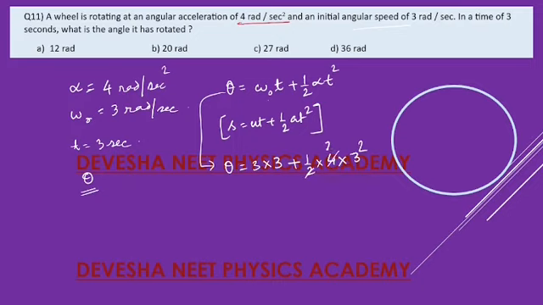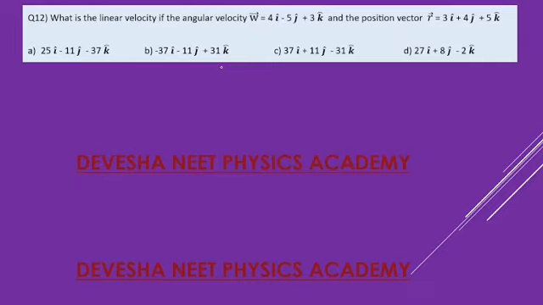So 9 plus 2 into 3 square is 18. This is equal to 27 radians. So the answer is 27 radians. This is the answer. Okay, let's go to the next question now.